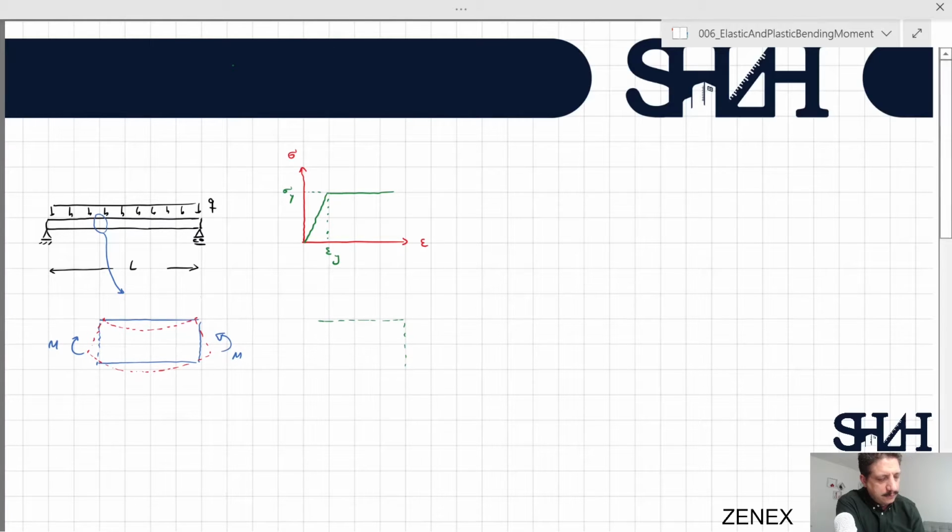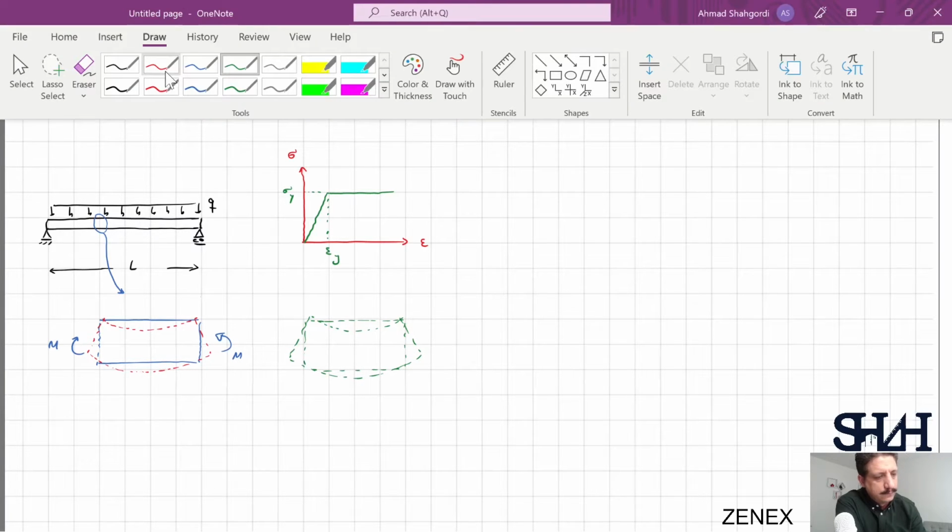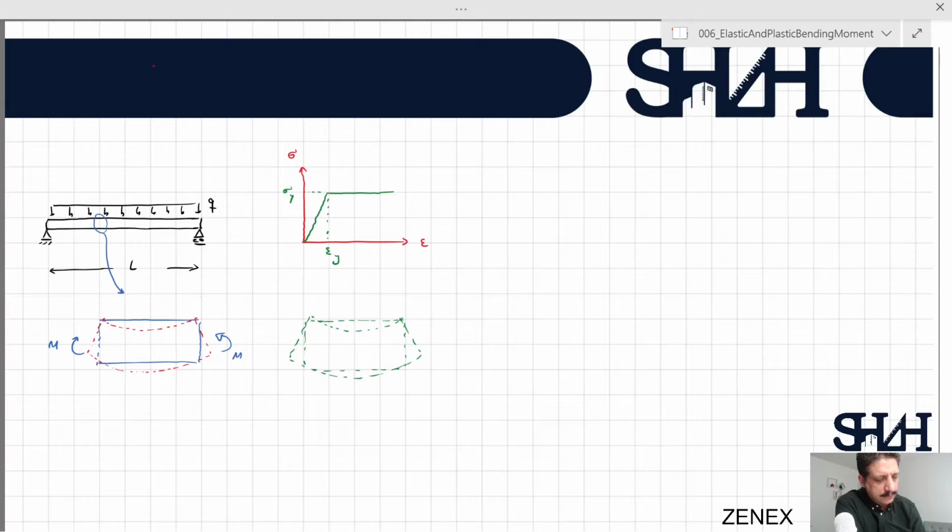If this is our element, which is bent now, and if we assume that this is the neutral axis, and we are interested in a line which is at a distance of y from the neutral axis.